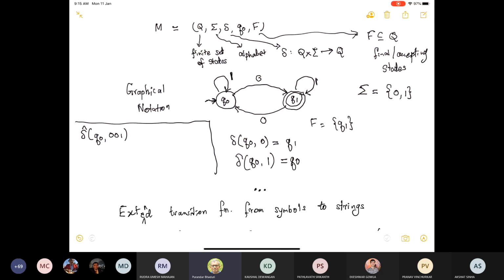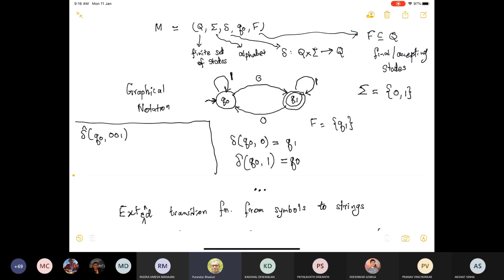Well, intuitively, this should be the state you land up in starting from the state Q0 as you process the string 0, 0, 1. So on a 0, you move from Q0 to Q1. And on the second 0, you move from Q1 to Q0. And on the 1, the third symbol, you remain in Q0 because of this loop, right?